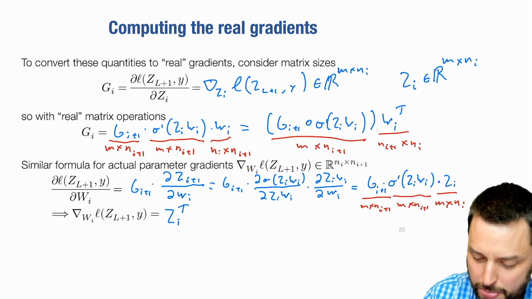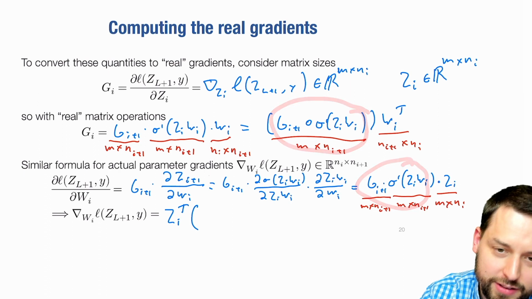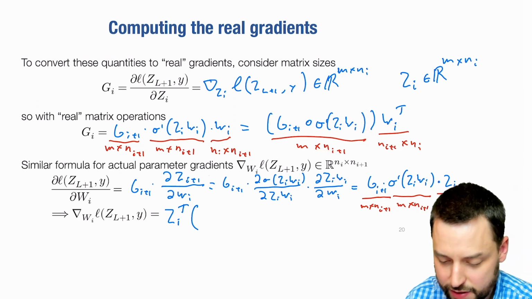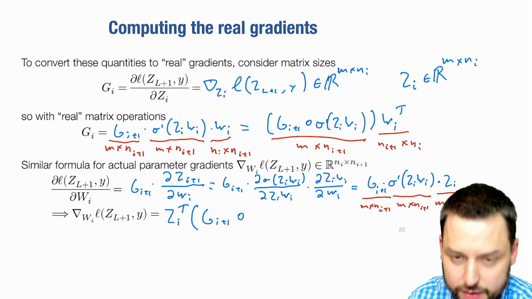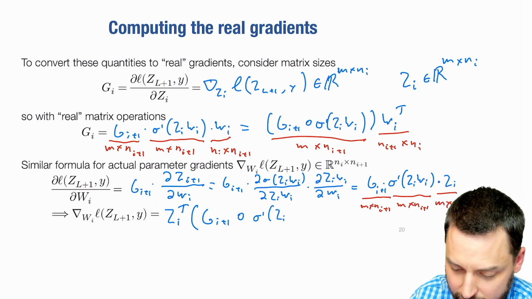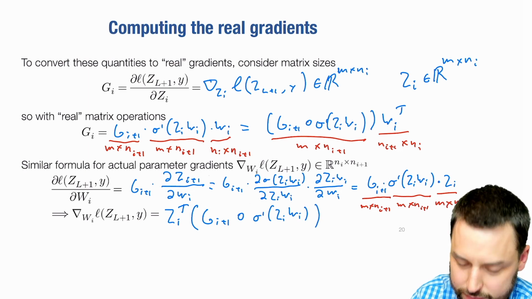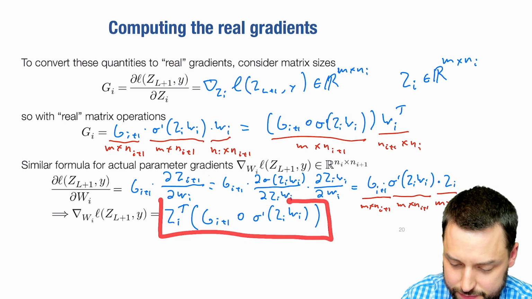Z_i transpose times, it ends up being this product here, which is exactly the same thing as we had before. So it would be this times g_{i+1}, element-wise product with sigma prime(z_i W_i). And that is in fact the gradient we are after.